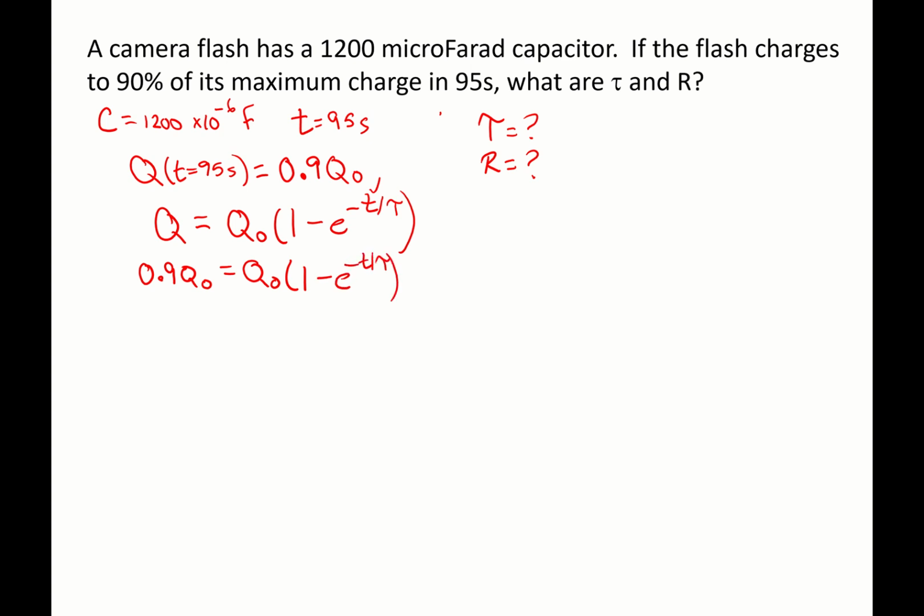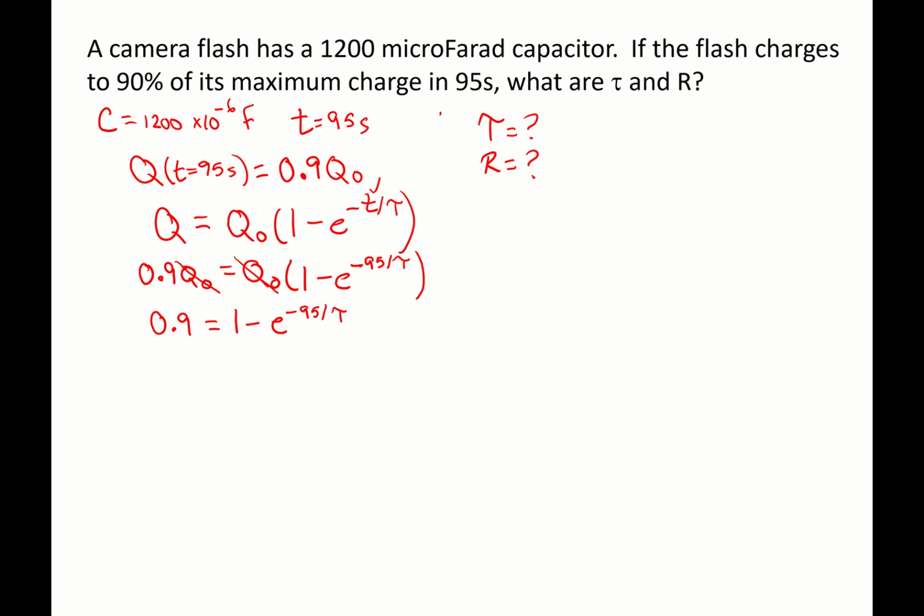All right, so I want to try to get that tau out of there. Let me put in that my t is 95, so minus 95 over tau. First, let's divide both sides by Q0. Then I get 0.9 is equal to 1 minus e to the negative 95 over tau.